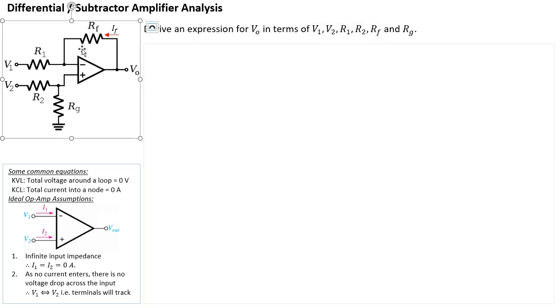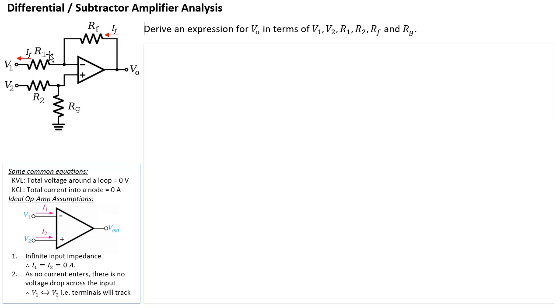So all of IF will go through R1. IF will go through RF and it will go through R1. So effectively, RF and R1 will be in series.